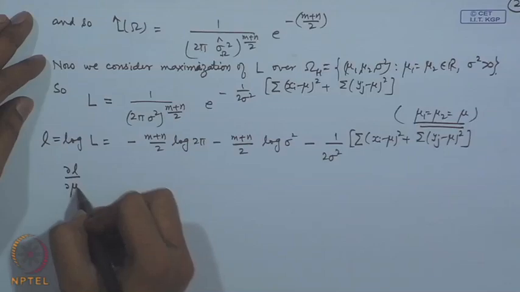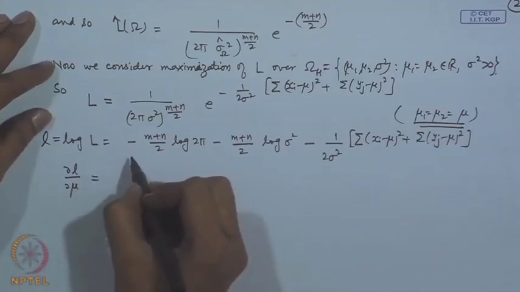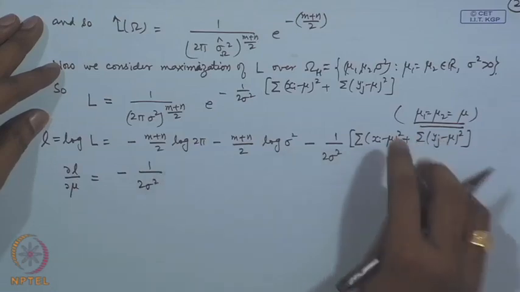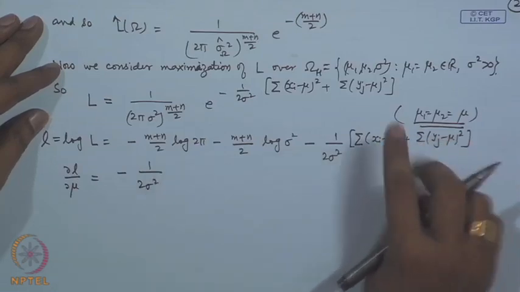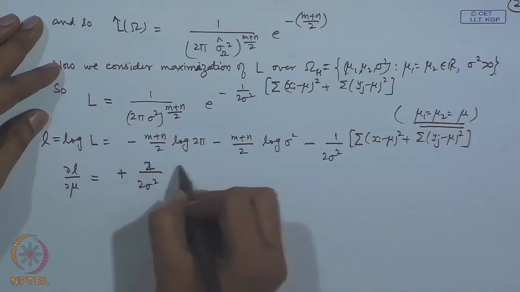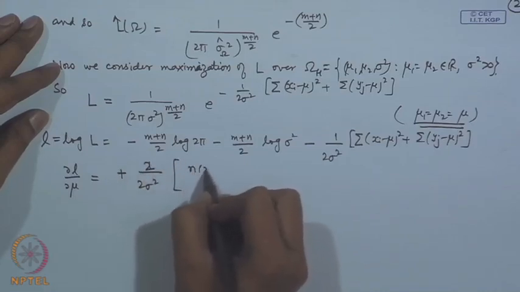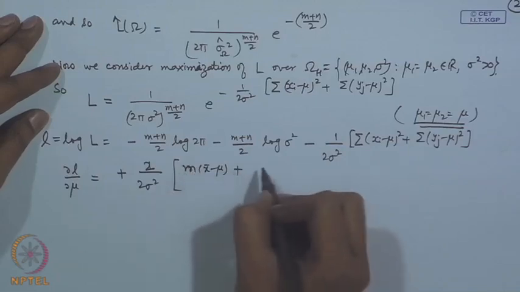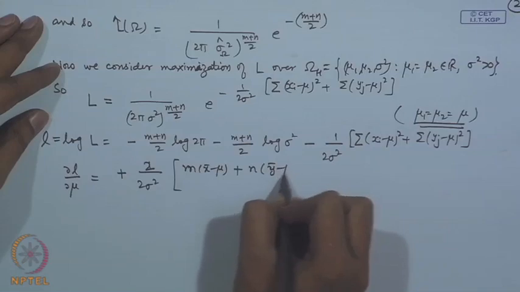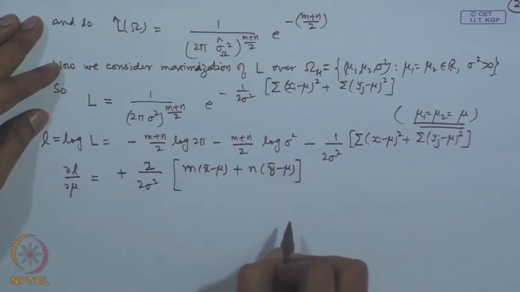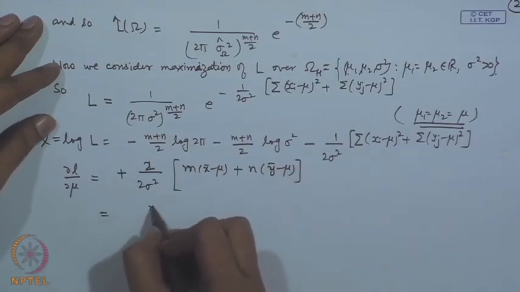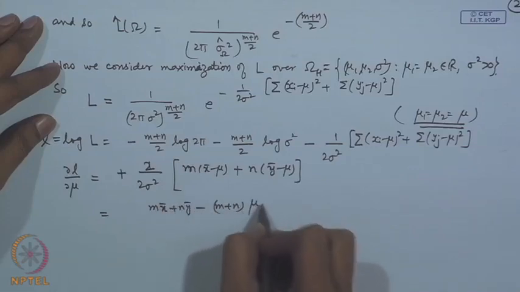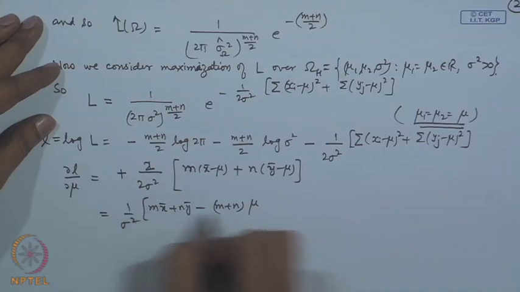So, the derivative with respect to mu will give me minus 1 by 2 sigma square. Then if I differentiate these terms, I will get minus 2, so this will become plus, and I will get m x bar minus mu plus n y bar minus mu, that we can say m x bar plus n y bar minus m plus n mu, and this 1 by sigma square will be outside.